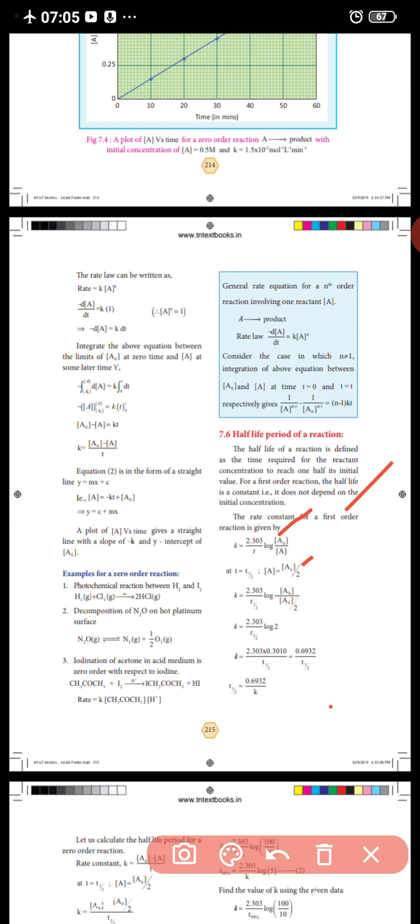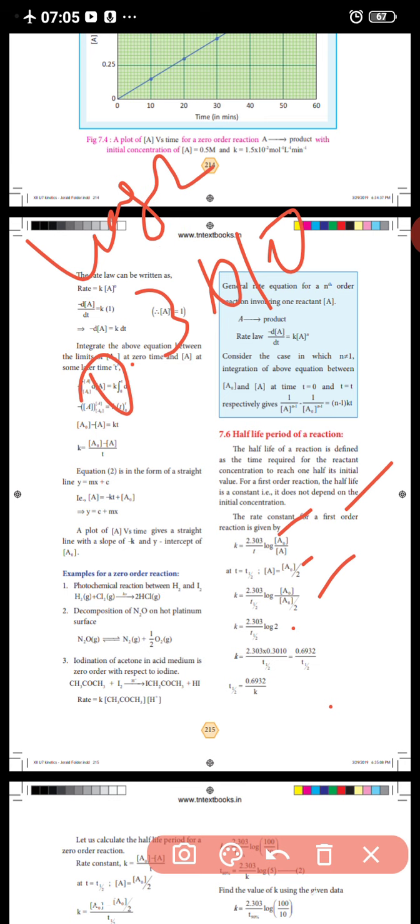The A naught cancels, leaving log 2, a constant value, 0.3010. So k is equal to 2.303 into 0.3010 divided by t 1 by 2.